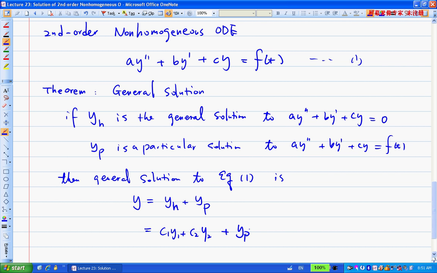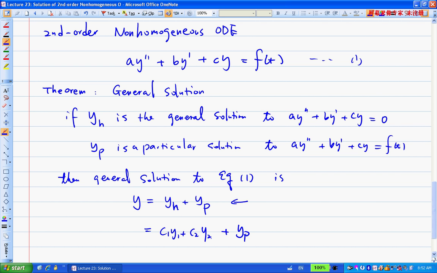Is that good? Yeah. So the first line of this one here applies to higher order. Basically, if you have third order, fourth order, you can still use this theorem here. Okay. This second one here only applies to second order, right? Because I only have y1, y2 here. Okay. Yeah. Is that clear?